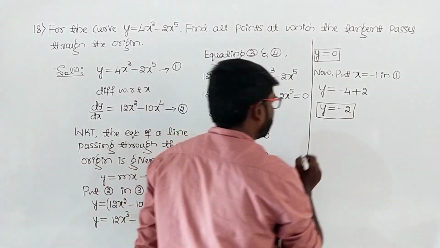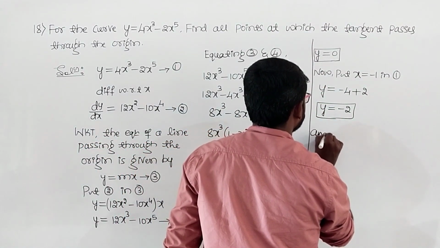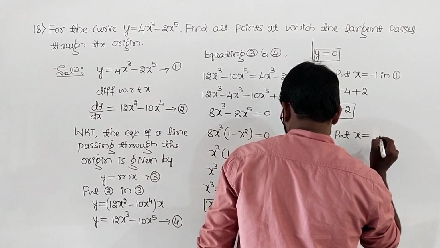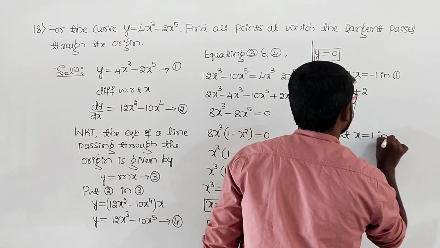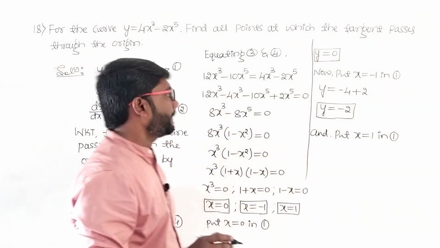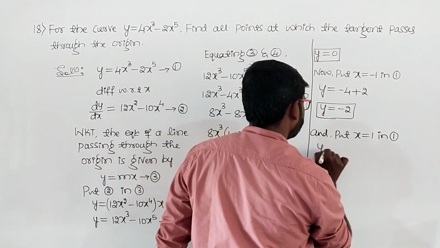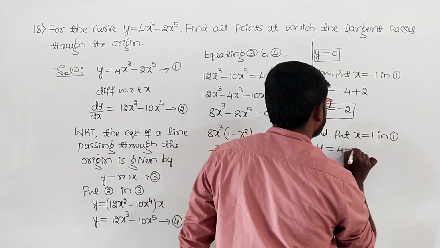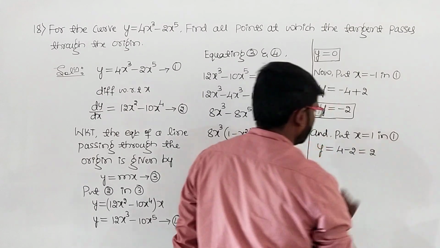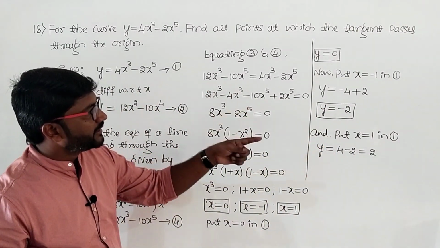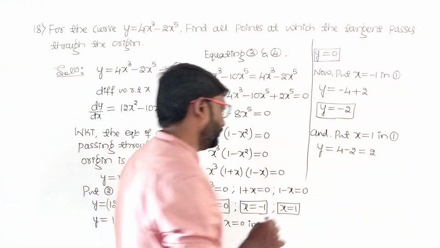And then we have another case and put x is equal to plus 1 in equation number 1. Then we get 4 minus 2. y is equal to 4 minus 2, this is equal to 2. Therefore, the required points are 0, 0, minus 1, minus 2 and 1, 2.